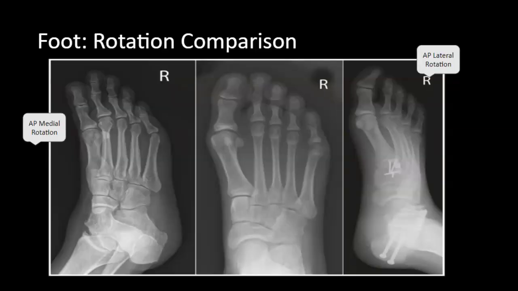So let's look at foot rotation for the AP projection. When the foot is rotated laterally, the metatarsal bases demonstrate increased superimposition, as you can see here.